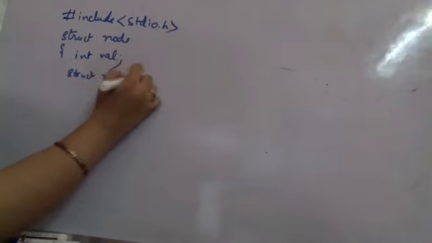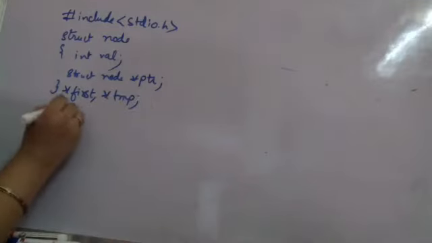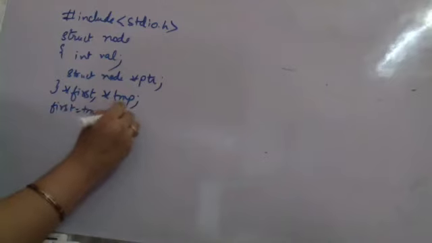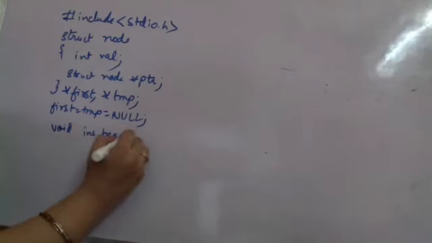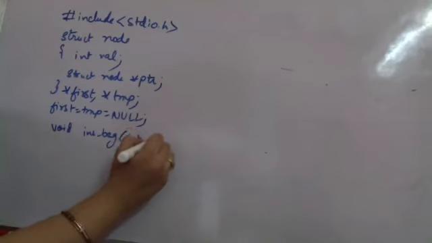You are creating struct node with an integer value and a struct node pointer PTR, and I am creating first and temp as global pointers to this structure. Also globally, first is equal to temp is equal to null initially. Initially they're not pointing to anything. Now I am creating the first function, void insert at beginning, and I am reading an integer value in this function, supposedly v.